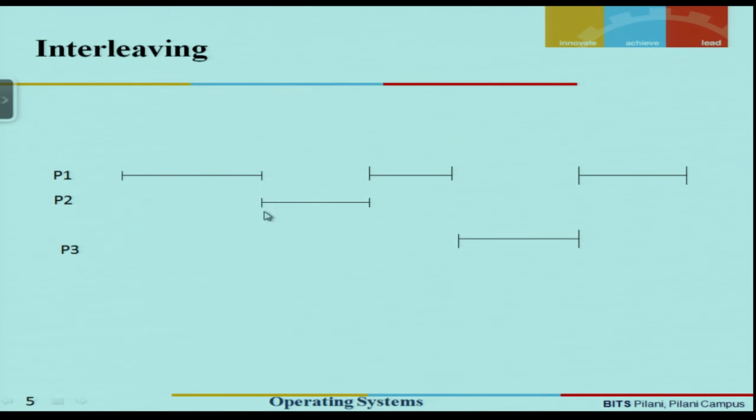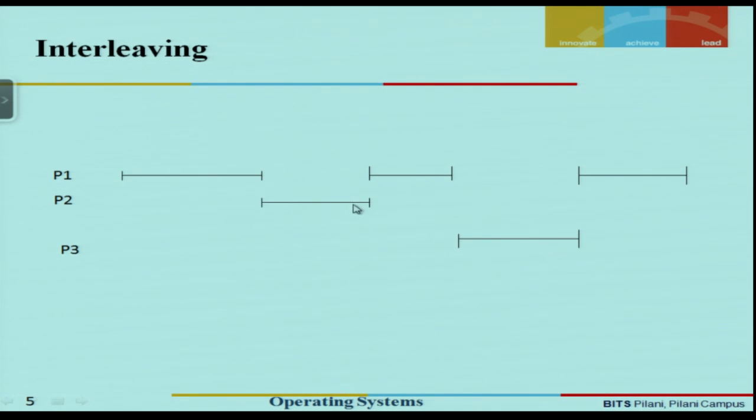Here we have shown it starting at exactly the same instant, whereas in a practical scenario a small time would be consumed by the dispatcher process. The dispatcher would take a finite amount of time, whereas in this example we have assumed the dispatcher doesn't take any time.